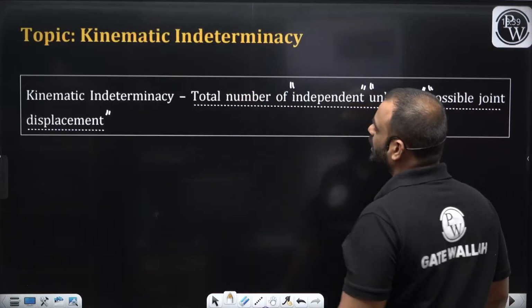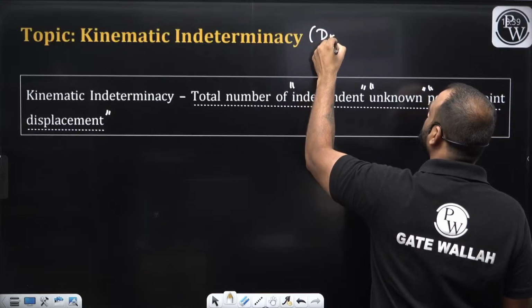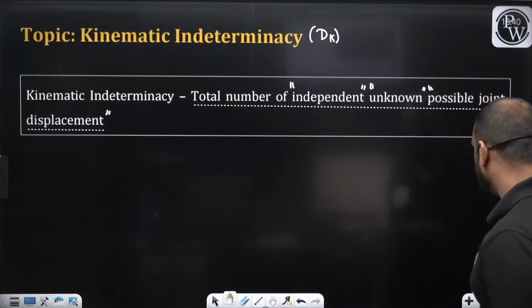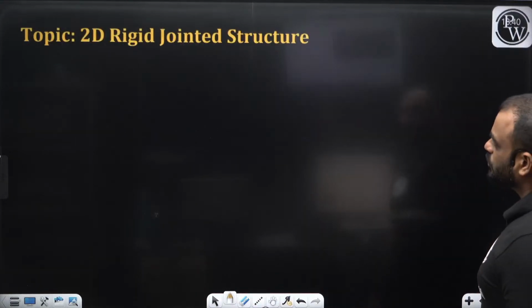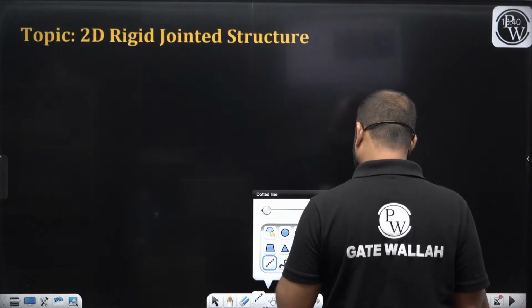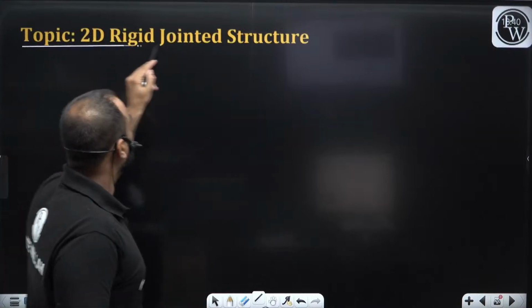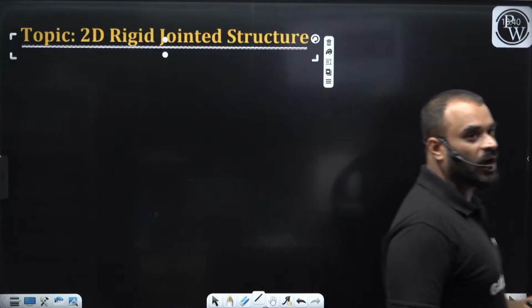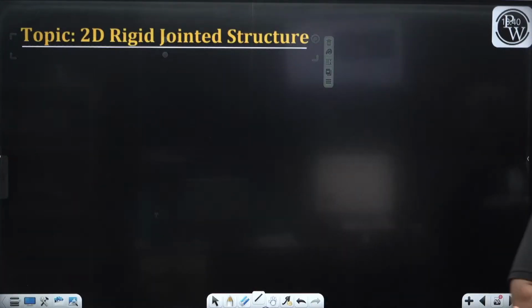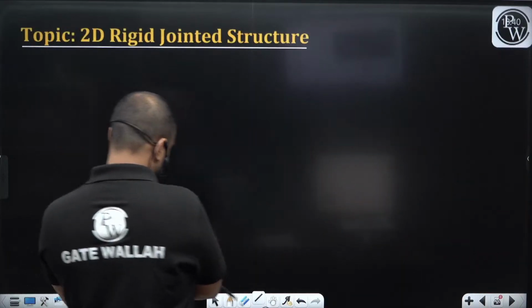How do we represent the kinematic indeterminacy? It is represented as dk. So guys, first we'll start our discussion by taking a 2D structure, especially a 2D rigid jointed structure. How to find the value of dk for a 2D rigid jointed structure? Let us understand this first.